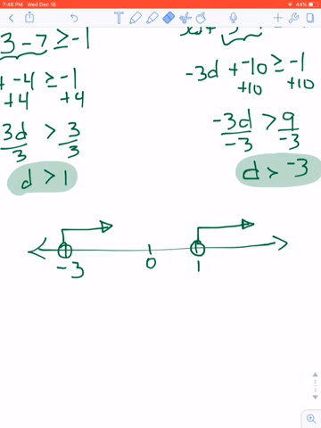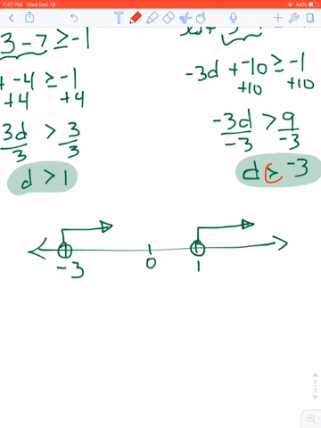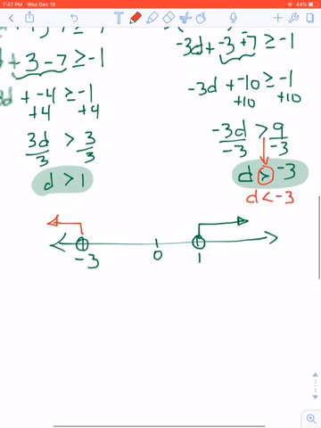The second one is where we suspect the error happened, and you can see I forgot to flip my symbol when I divided by a negative. That shouldn't be d is greater than negative 3, it should be d is less than negative 3. So we come over here, flip that graph around, and now you can see we have shaded everything to the left.